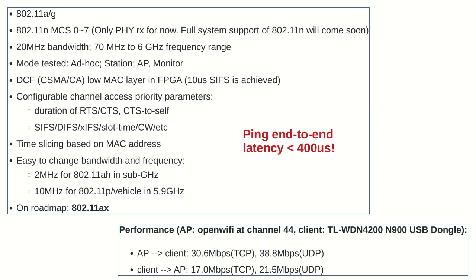So our benefit is that our design is a system on chip, so you have the low latency feature there. Regarding the throughput, we have tested our openwifi design on the FPGA board against commercial Wi-Fi devices. We can communicate with commercial Wi-Fi devices, and the throughput achieves the same level as the commercial ones.